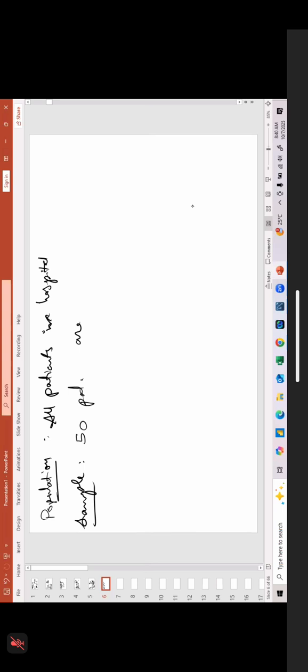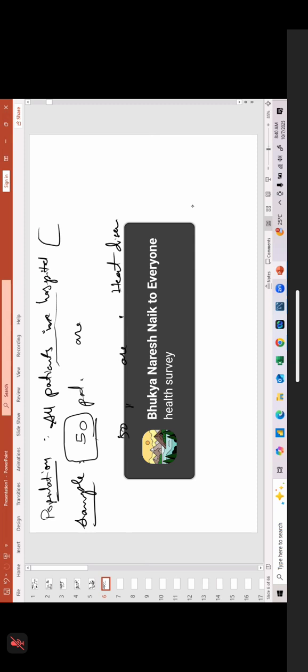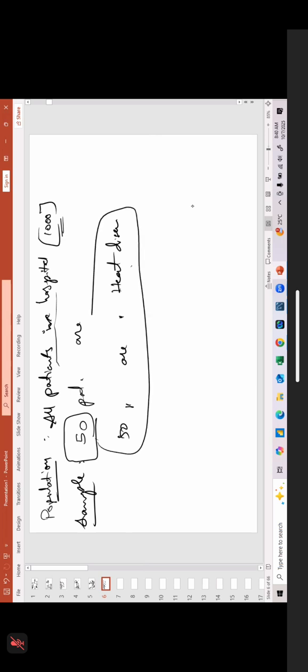This 50 is the sample and all the patients in the hospital are the population. One more example: in the hospital we have 1,000 people who suffer from heart disease. We can take 50 as a sample from those 1,000 people and then survey. This is population and sample.